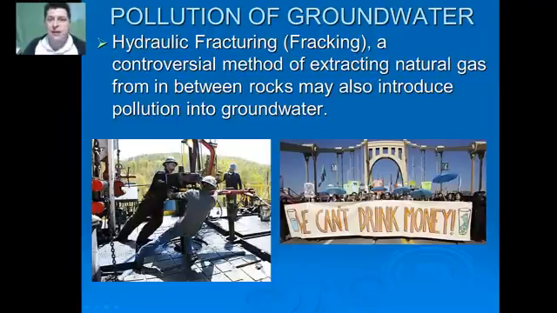Hot in the news is another major source of groundwater pollution, and this is hydraulic fracturing, also known as fracking. This is a controversial method for extracting natural gas from in between rocks, in that it may also introduce pollution into groundwater.